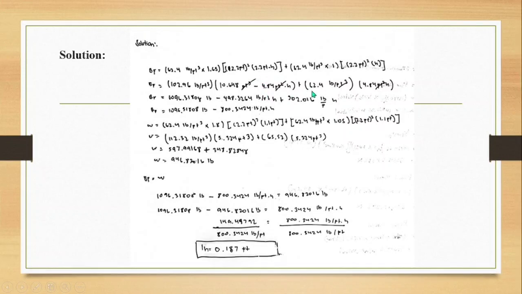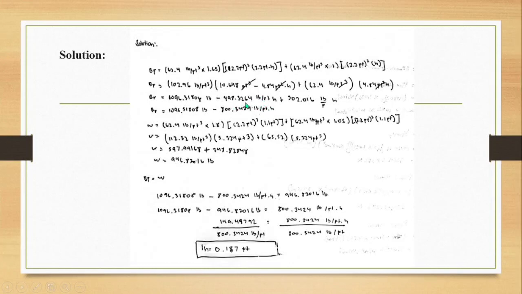So plus the constant 62.4 times 4.84. Next we get 1096.3180 pounds from 102.96 times 10.648. So we subtract 498.3264 pounds per foot.